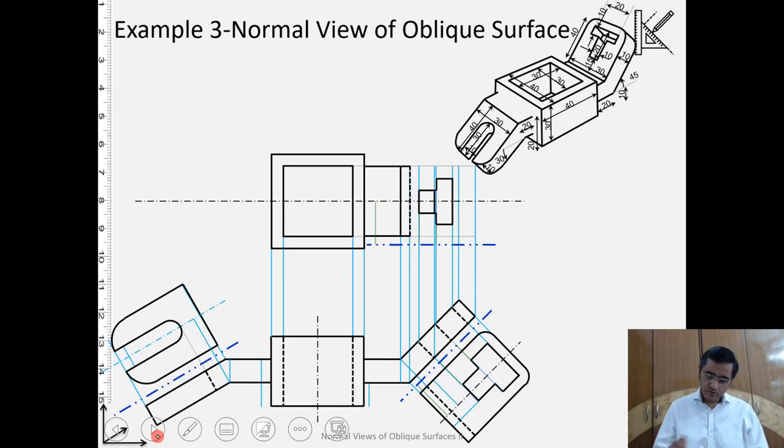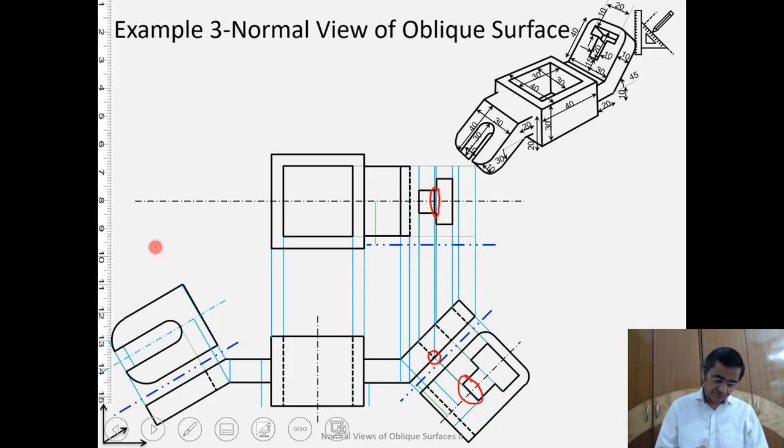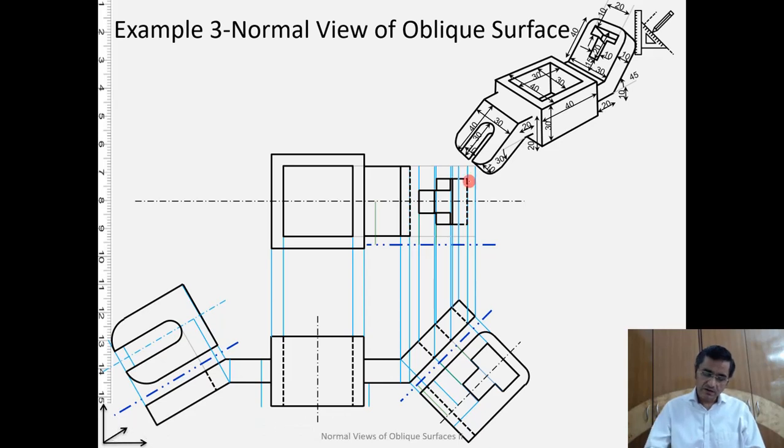So the line here which is projected on the frontal will be projected like this on the horizontal. If you do it for the rest of the parts similarly, again, why is this part coming as a dashed line?